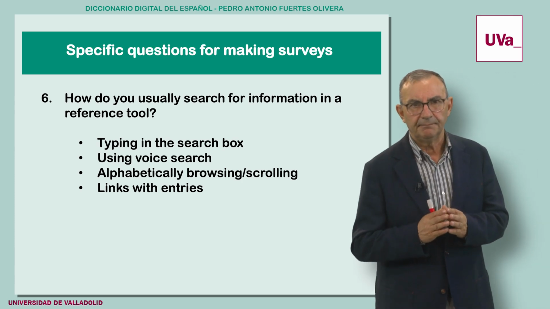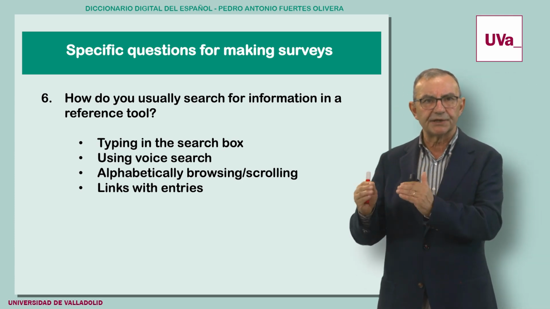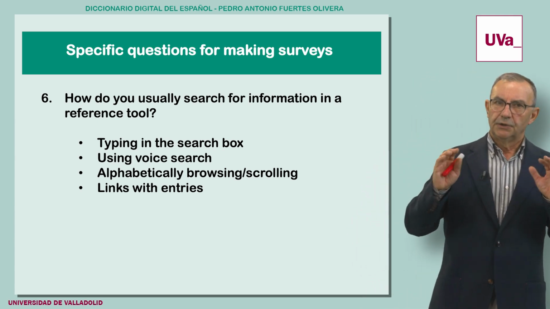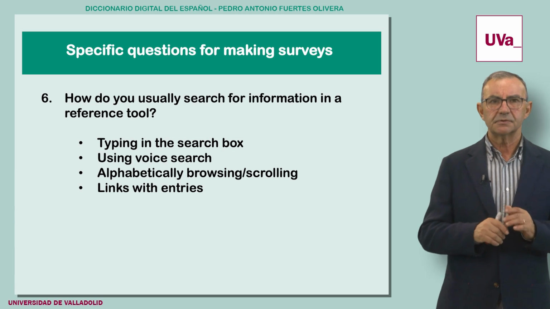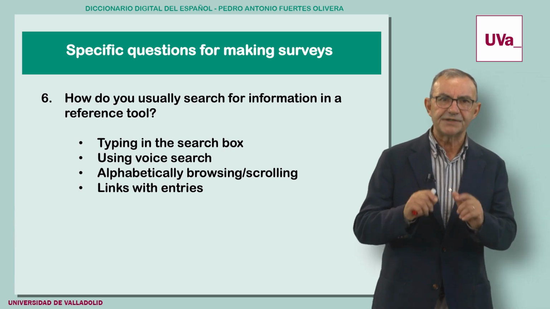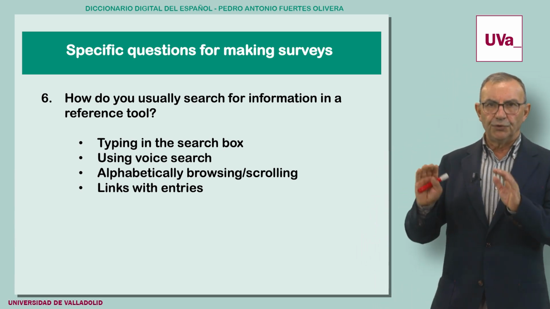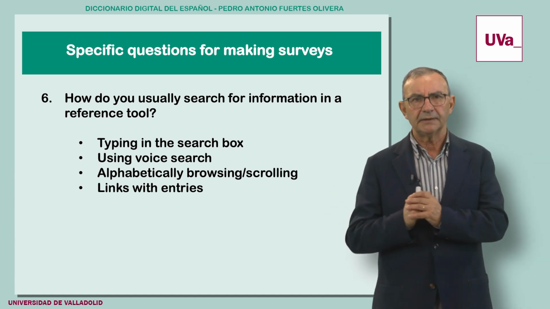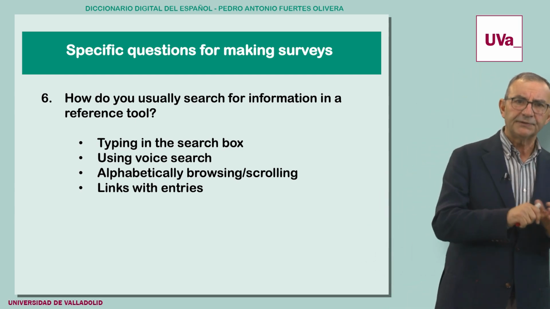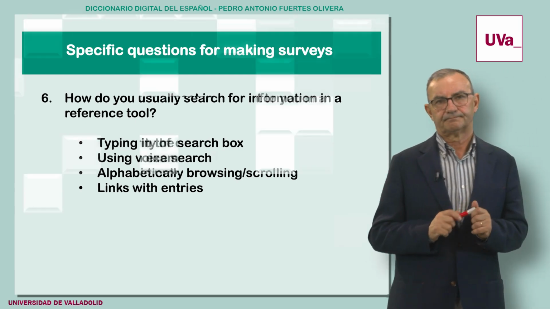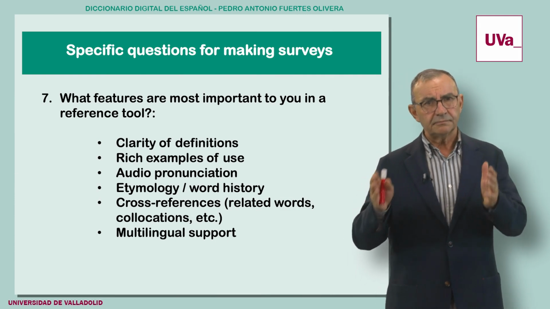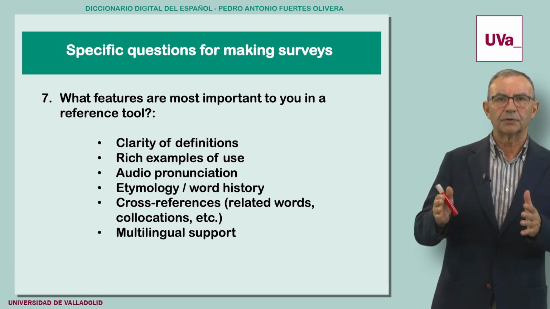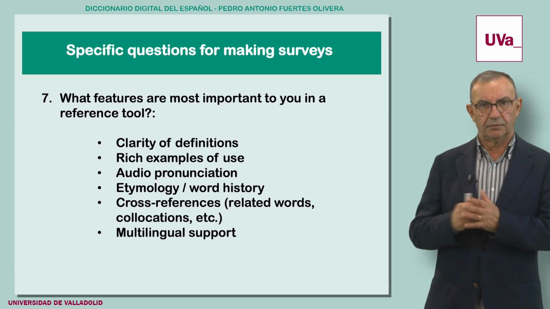Another question can be, how do you usually search for information in a reference tool? For example, do you type in the search box? Do you use voice search? Do you refer to it alphabetically, browsing or scrolling? Do you link with entries, etc.? Another question could be, what features are most important to you in a reference tool?